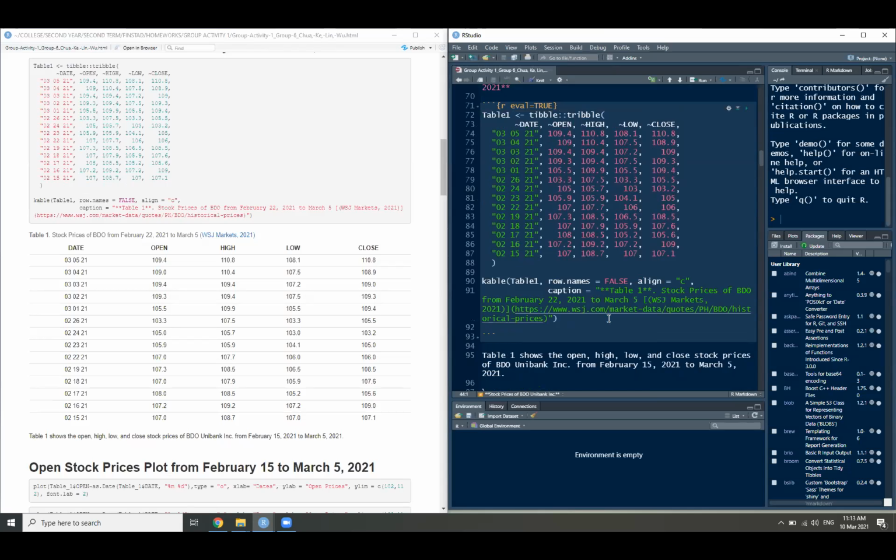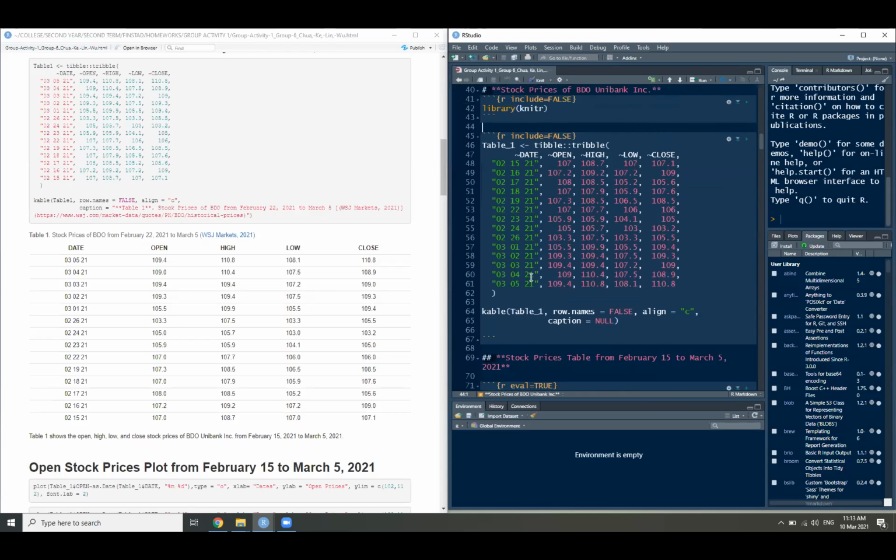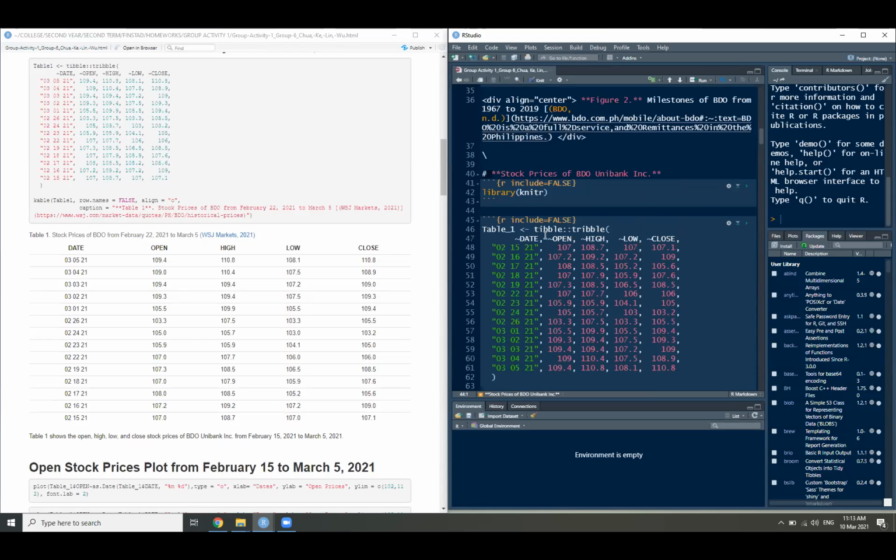like inserting a caption, then row names ginawa naming false, then nag-add kami ng library which is neatar para mag-run siya.